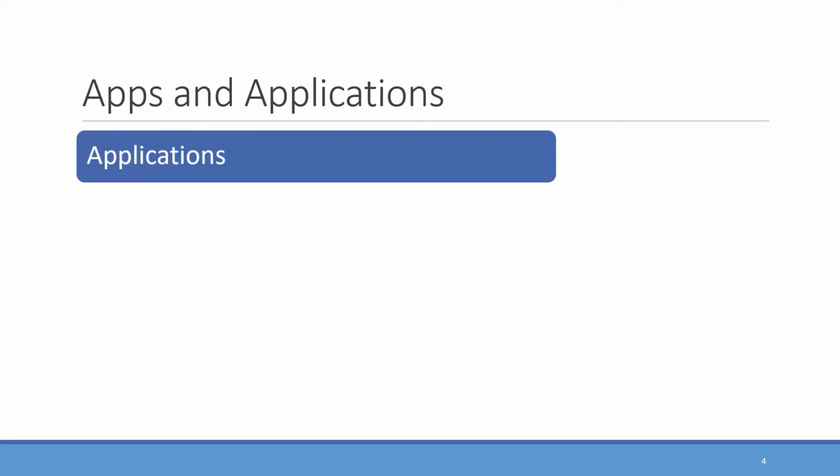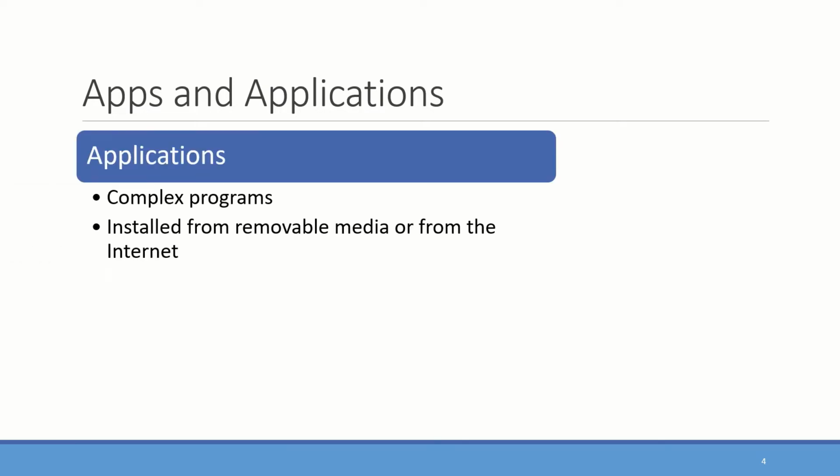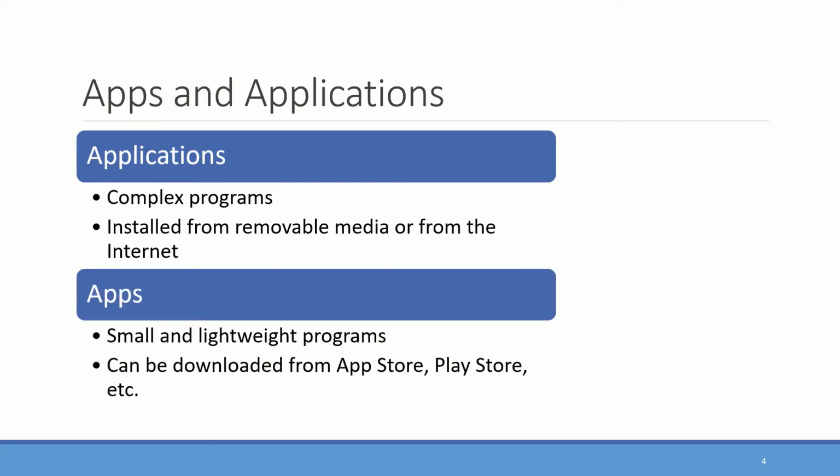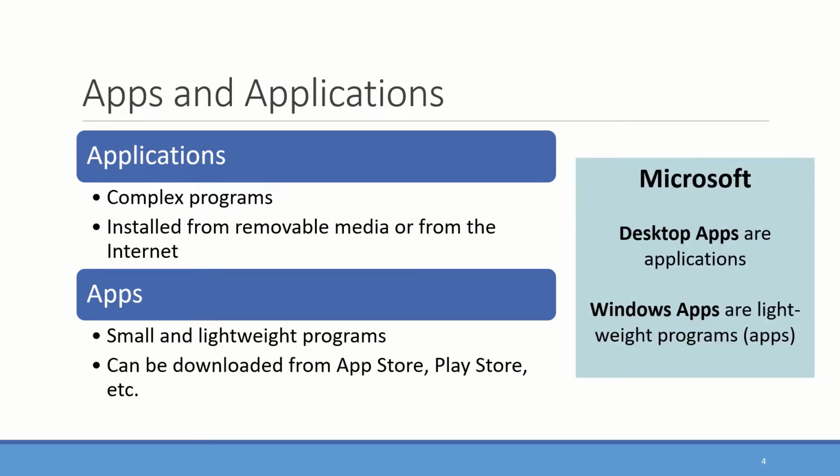In this lesson, applications or application software are complex programs you install from removable media or from the internet. Apps are small, lightweight programs you obtain from an app store. In Microsoft's terminology, applications are desktop apps, and the lightweight programs are Windows apps.